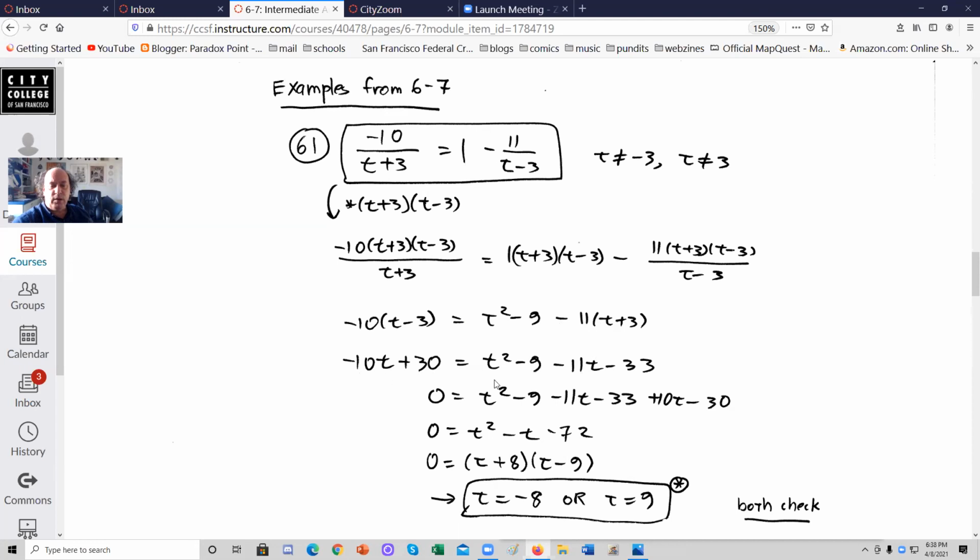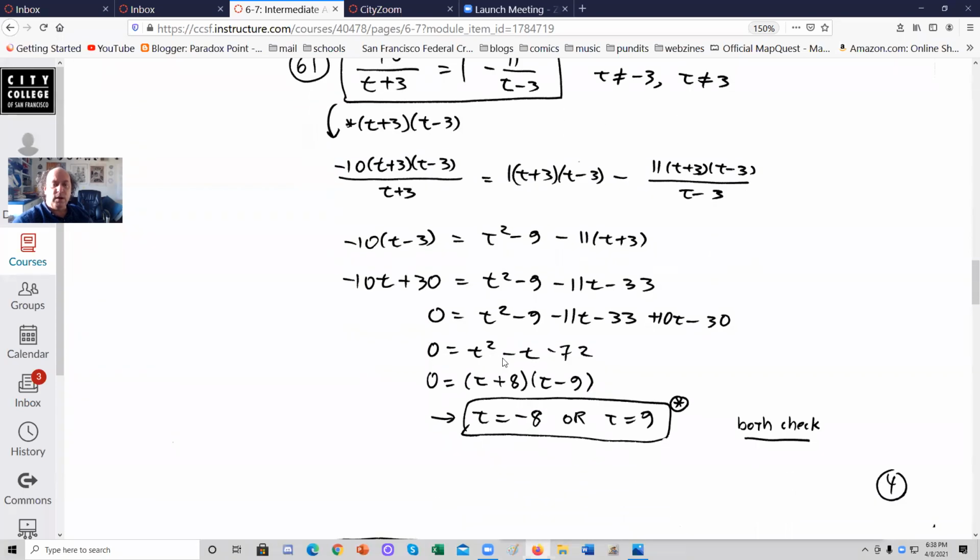Okay, here's the equation. To zero out the left side, we add 10t to both sides, subtract 30 from both sides, and you get 0 = t² − 9 − 11t − 33 + 10t − 30. Combine like terms, these t terms, these constant terms, and you get 0 = t² − t − 72.